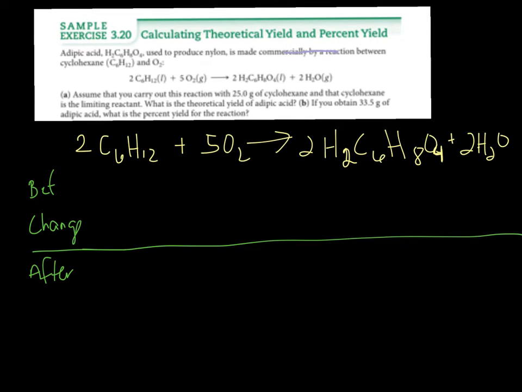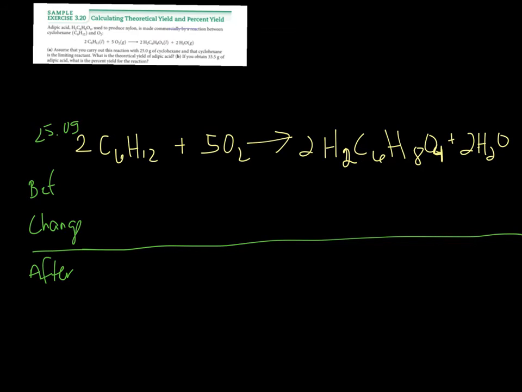So I have created a before, change, and after table. And I know that I'm starting with 25 grams of cyclohexane, so I'm just going to make a notation over here, 25 grams. Made my question smaller so I can have more room. So I need to figure out how many moles of this cyclohexane, this limiting reactant I have, if I have 25 grams. So I'll do that up here.